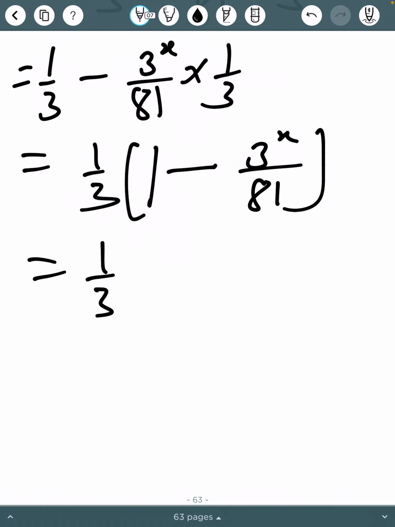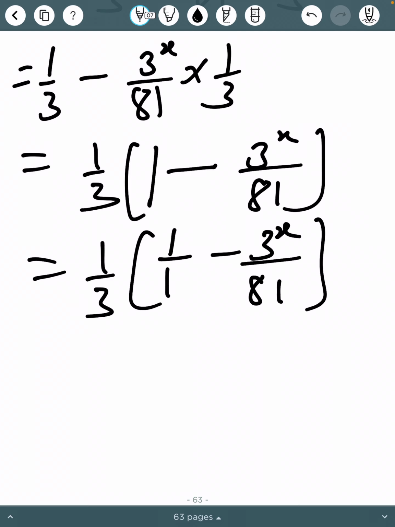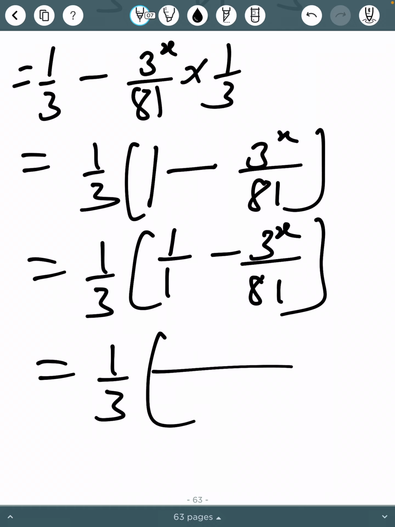That will give 1 over 3, open bracket, 1 minus 3 raised to power x over 81. That will give me 1 over 3 LCM. What's my LCM? 3 raised to power 4. Or let me just write 81.